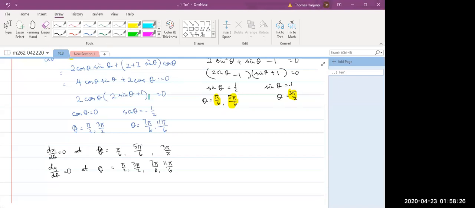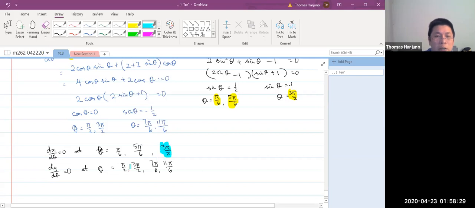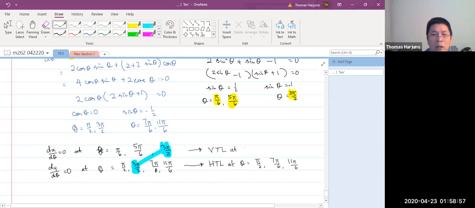3 pi over 2, okay. So this requires us to analyze further later on. But at least we can say from here already that we have horizontal tangent line at theta equals pi over 2, 7 pi over 6, 11 pi over 6, and vertical tangent line at theta equals pi over 6, 5 pi over 6.